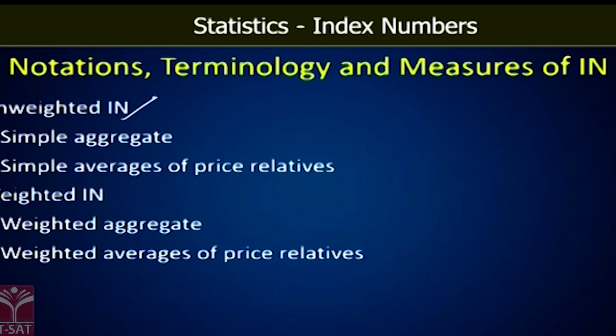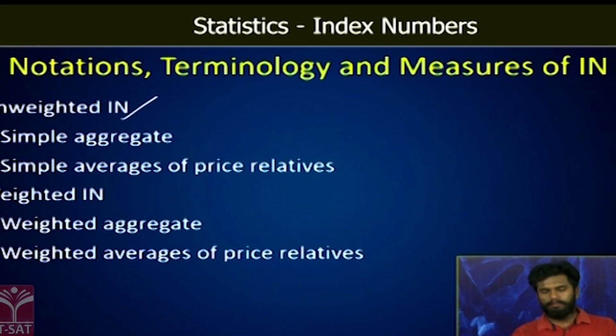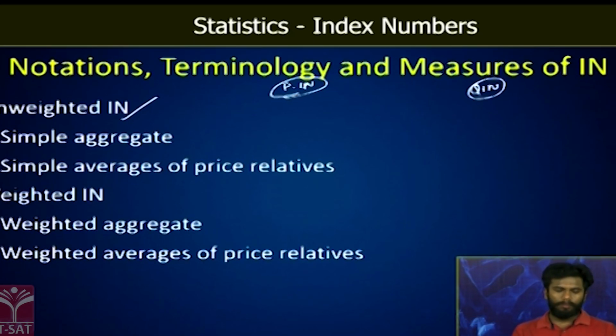See, unweighted index numbers. The first method is the simple aggregate method. First we will find all the price index numbers, and then we will go to quantity index numbers. Now the simple aggregate method.